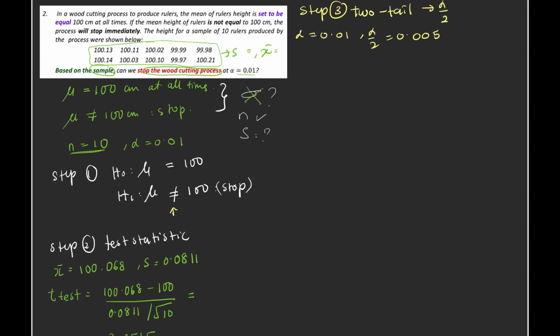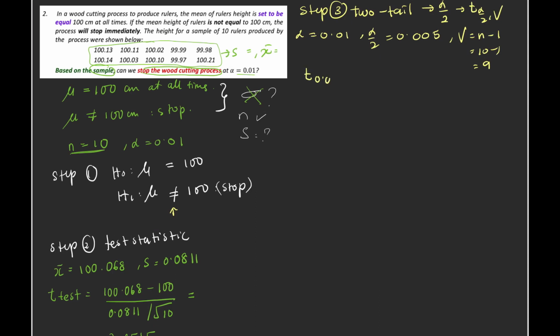Okay, so if you look at our T test, T is alpha over 2, nu. So nu is equal to N minus 1. N is 10, 10 minus 1 is 9. So now we look at our stat table.